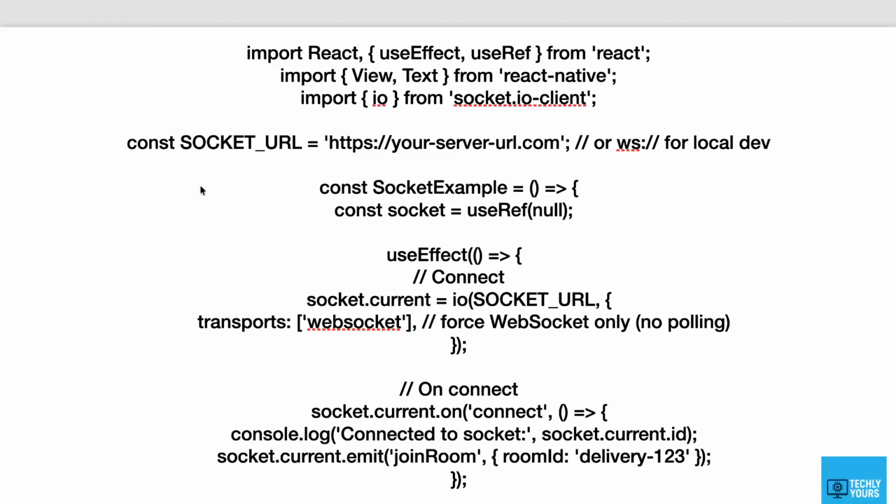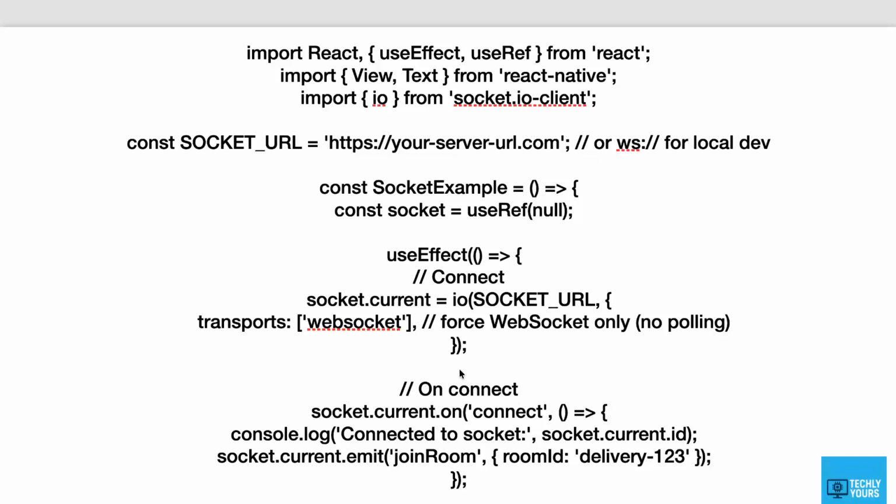Here we can directly give the const socket URL, and we will be giving our socket URL. Then to connect, we will use socket.current equal to io(socketUrl), the URL we have just created. And we can give the transports. This is the syntax, and you have to remember it whenever it is asked in an interview, or if they ask what library or package you are using, you will just say socket.io-client on your React Native side.